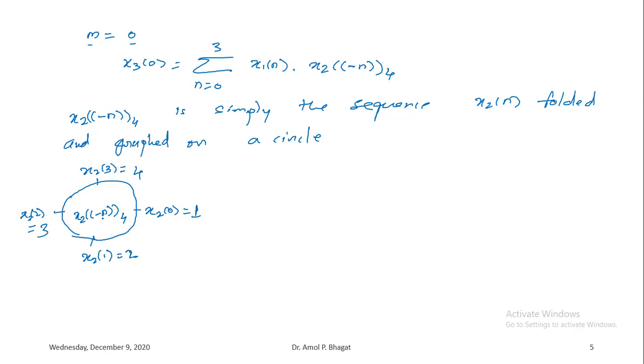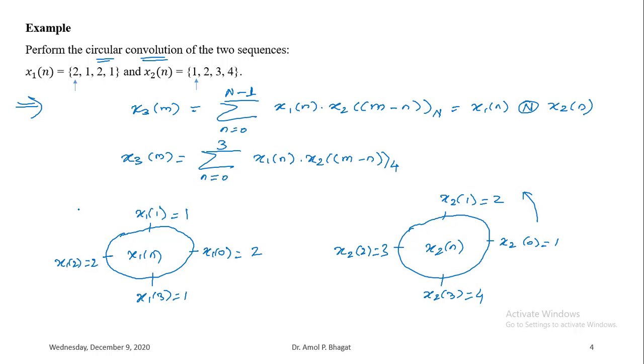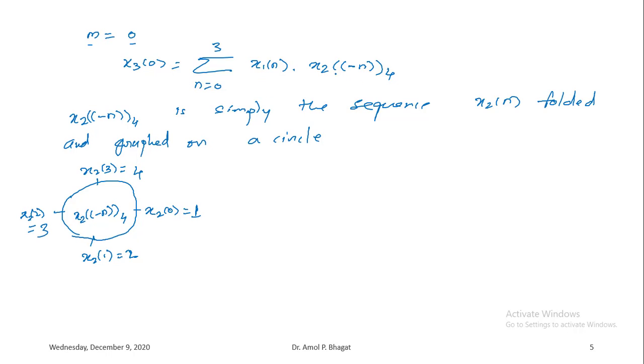Now we have to identify the product. As per this formula, we have to identify the product sequence. So again we'll draw one circle here where we'll get the multiplication of x1 of n multiplied by x2 of minus n, suffix 4. Depending on the position of the sample, we'll multiply the respective samples.